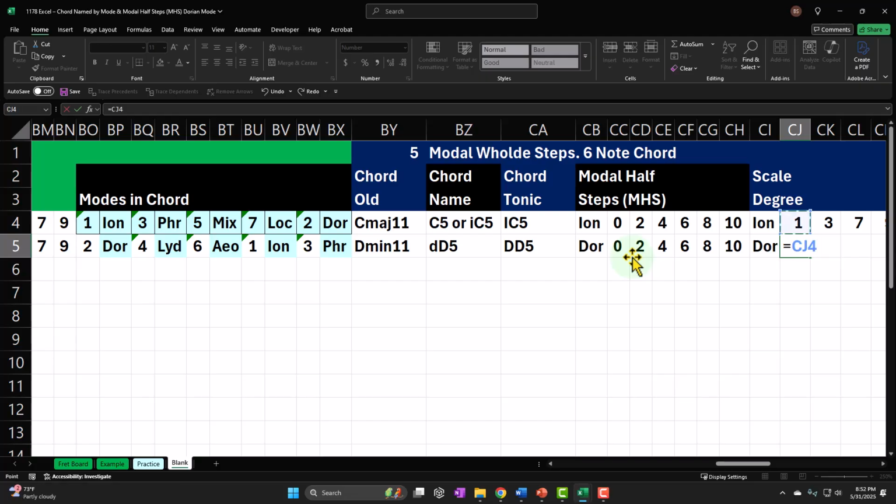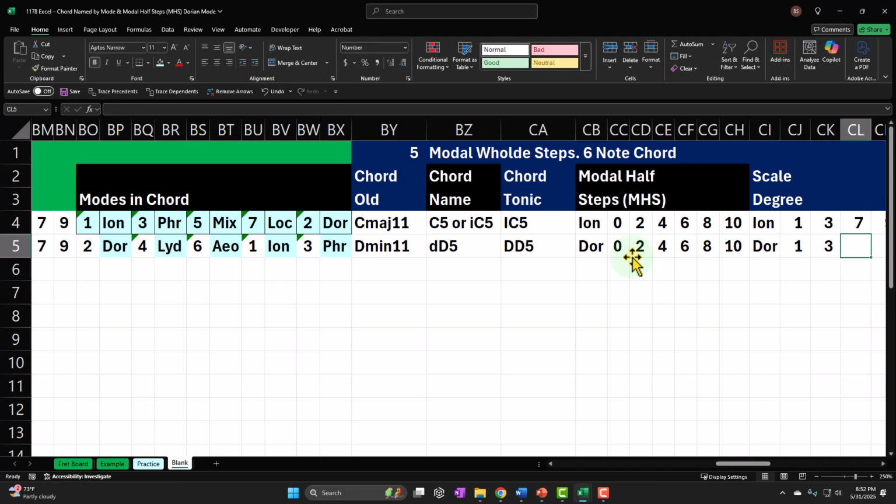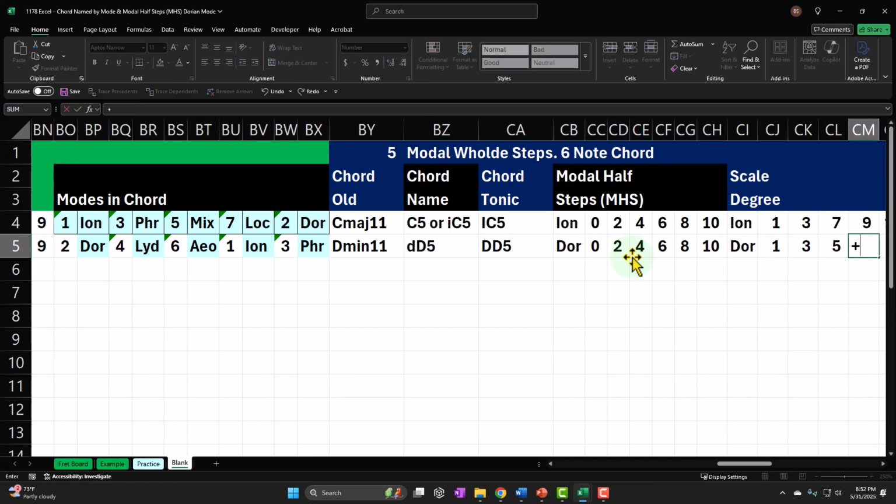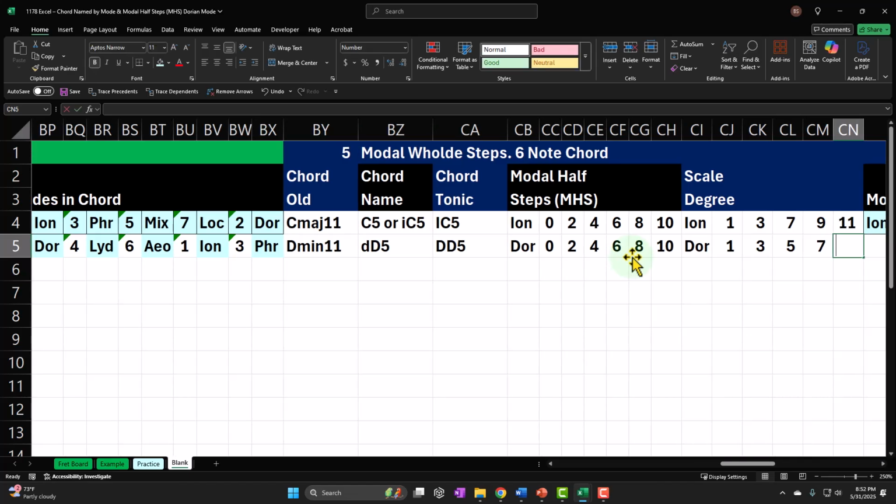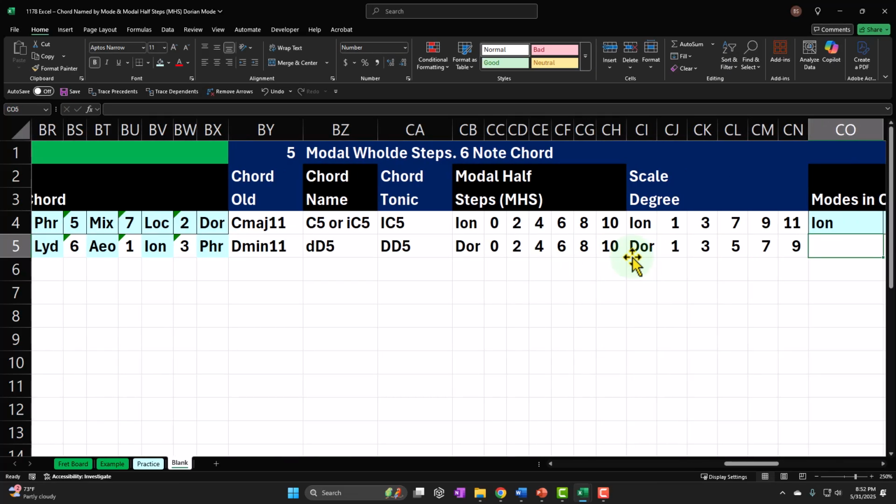Let's say we start on 1 all the time because we're going to rename it, which is silly, but that's what they do. So 1 plus 2 would be the 3rd, 1 plus 4 would be 5, 1 plus 6 would be 7, 1 plus 8 would be 9, and hold on a second, I feel like we're missing one here, aren't we?